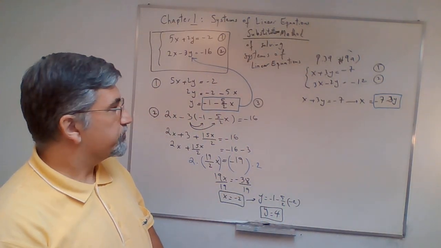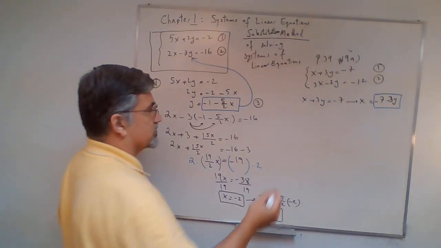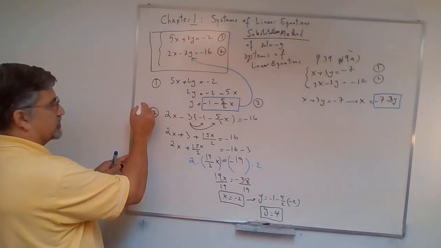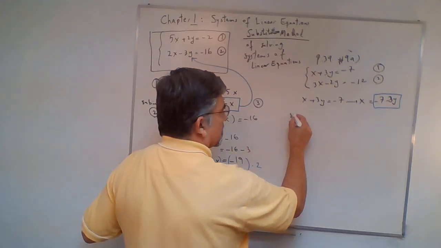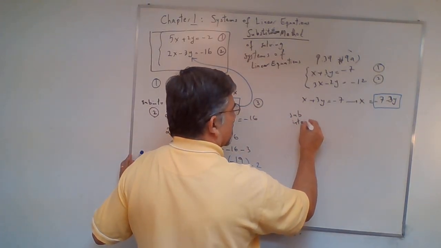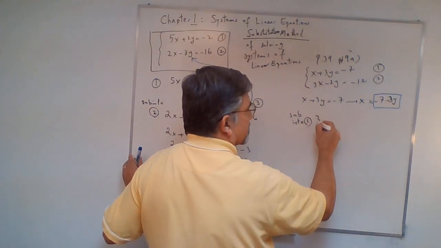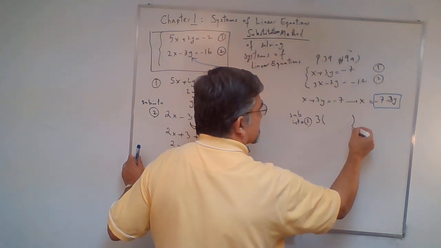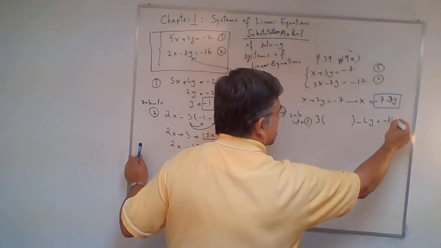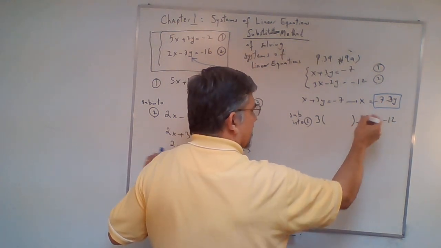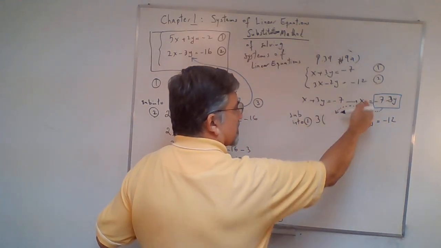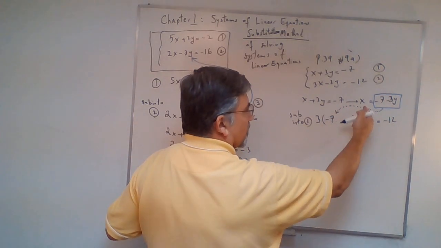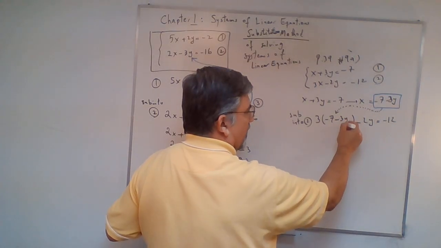So this is my box. And now, in the second equation, as I did before, sub into equation 2. We're going to go 3 times x minus 2y equals -12. But that x is actually this box, or this binomial, or this expression, -7 minus 3y.